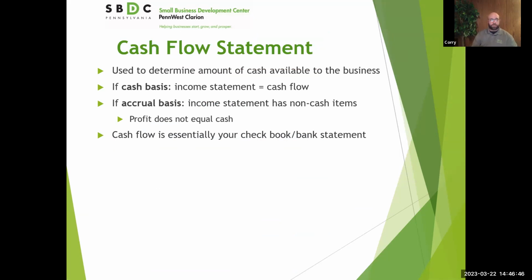So the cash flow statement, if you utilize cash-based accounting, like we talked about in session 1, then your income statement is going to look just like your cash flow statement. So let me try to word this a little differently here. If your business is operating under cash basis accounting, then the two statements look the same.